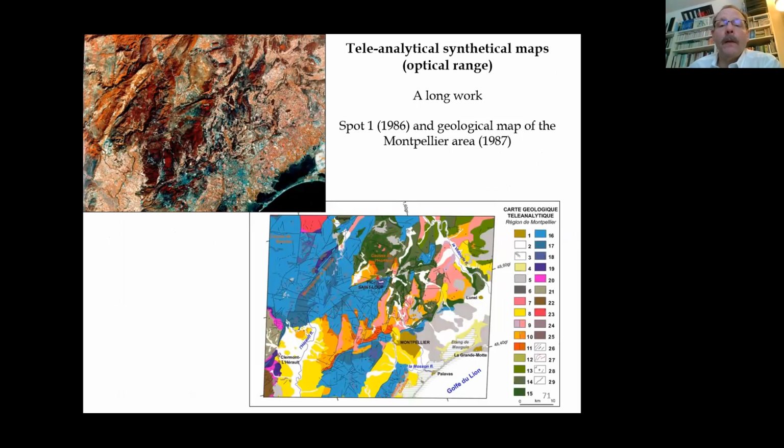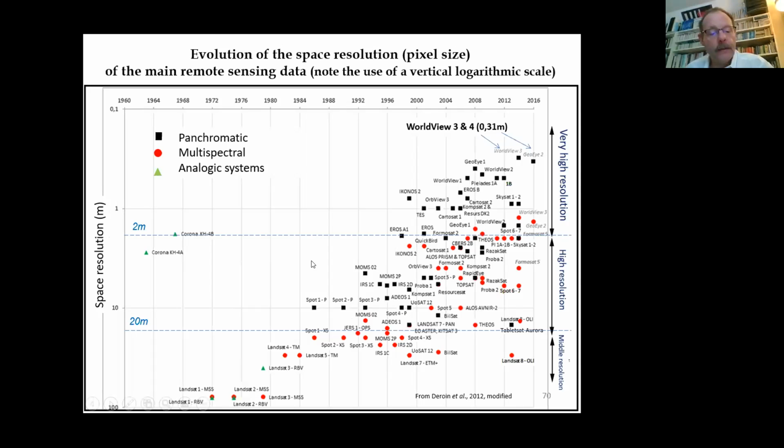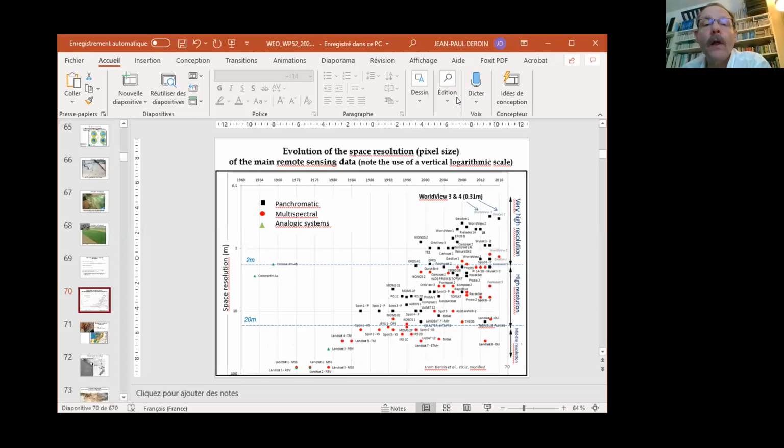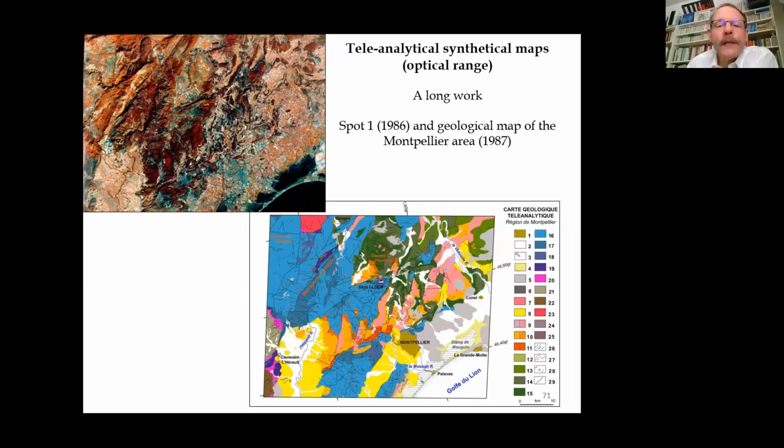Okay, the goal, basically, of remote sensing is to get some map or information, but usually it's possible to have general information. For example, here are two illustrations of remote sensing use, for geological mapping.